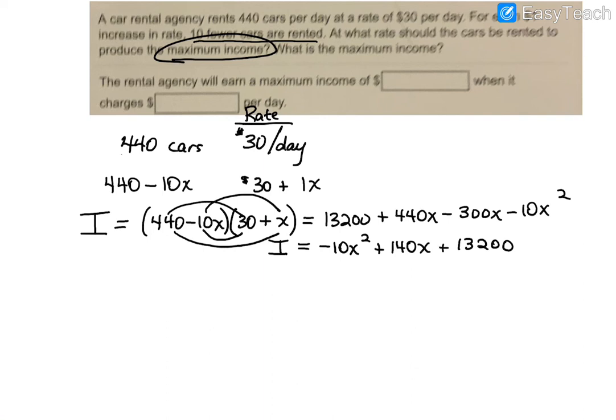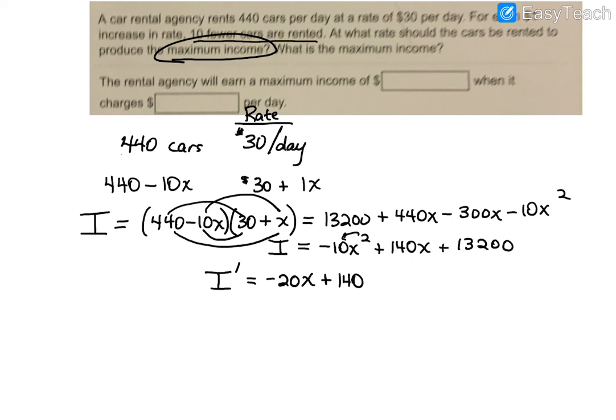Again, anytime we're talking about maximums or minimums, those are going to occur at the critical points, which come from taking a first derivative. So now if I take the derivative, when I pull the 2 to the front, that becomes negative 20, and then that's x to the first. And then plus 140 times x, the derivative of that would be just 140.